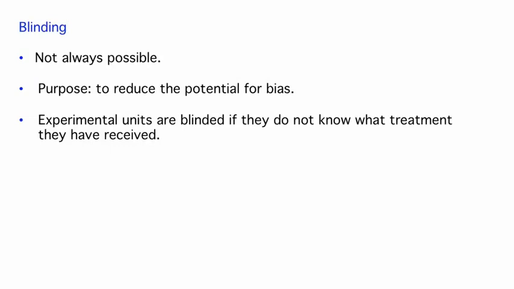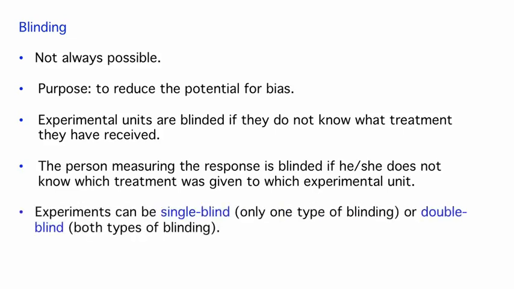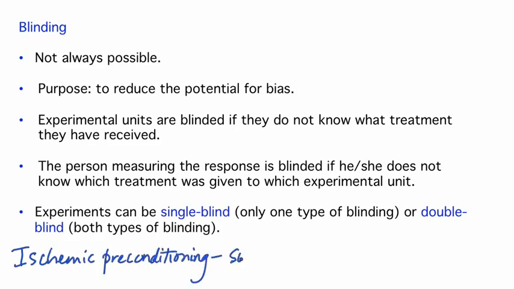Subjects can be blinded, meaning they don't know which treatment they received. The person measuring the response can also be blinded if he or she does not know which treatment was given to which participant. Experiments can be single-blind, meaning only one type of blinding was used, or double-blind if both types of blinding were used. The ischemic preconditioning experiment was single-blind.